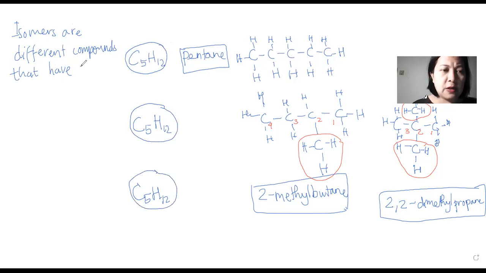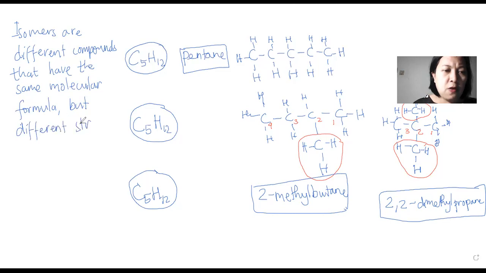So that have the same molecular formula, but different structural formula.